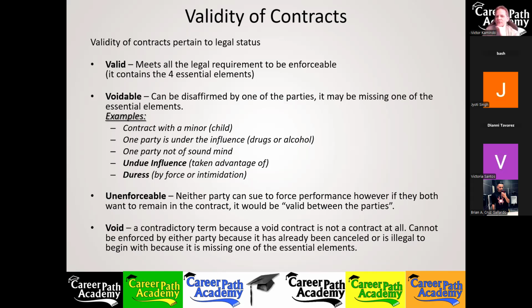One or both parties are under the influence of drugs or alcohol. You can't have a legally binding contract with people who are high or drunk. They're not of sound mind.